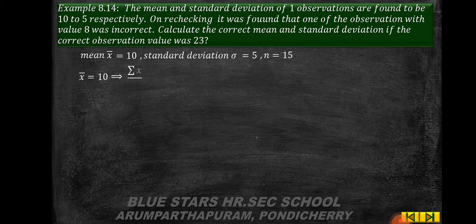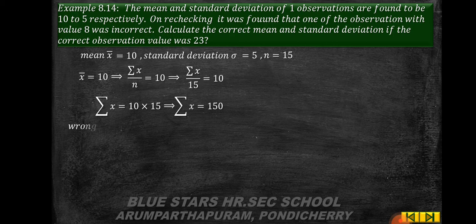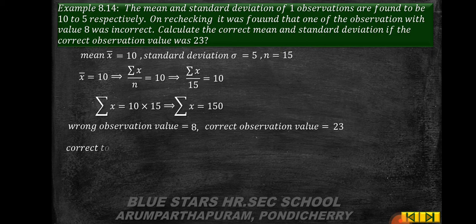So x bar is equal to 10, that is summation x by n is 10, which implies summation x by 15 is equal to 10. So summation x is equal to 10 into 15, so summation x is equal to 150. Next, the wrong observation value is equal to 8. The correct observation value is equal to 23.